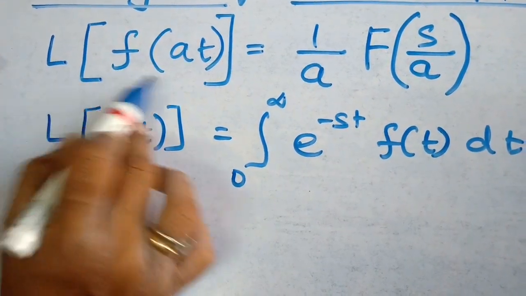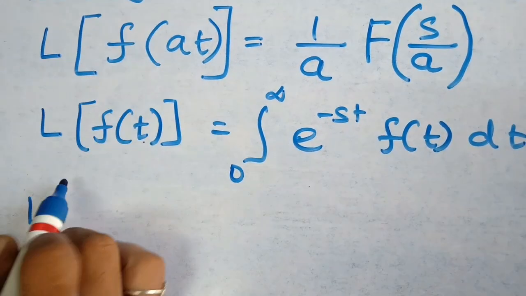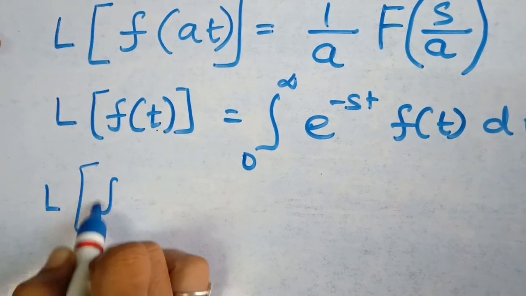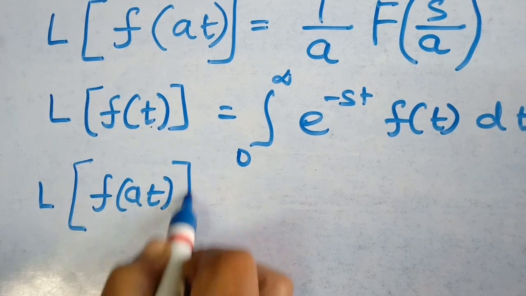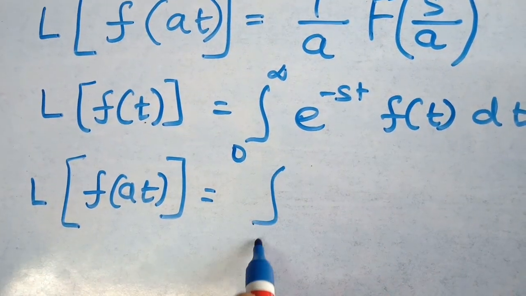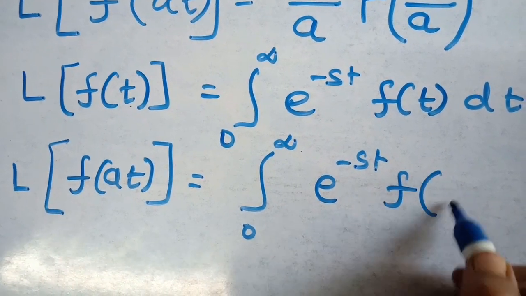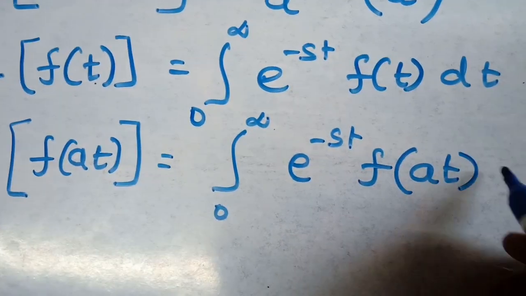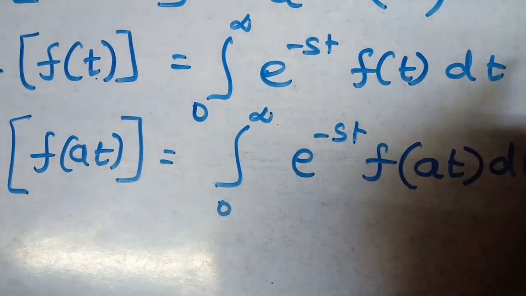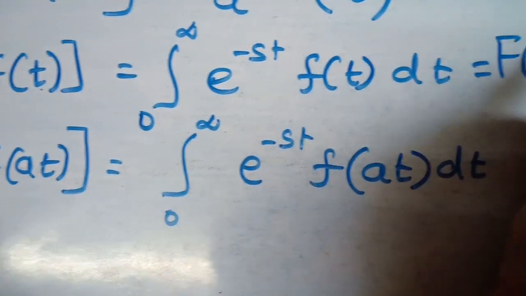Now to derive this, I am replacing f of t by f of at. By the definition, 0 to infinity e power minus st f of at dt. We denote this by capital F of s.